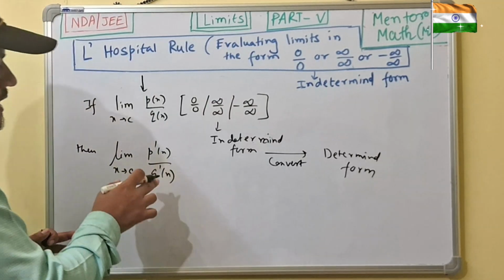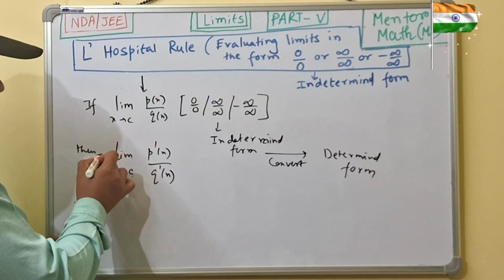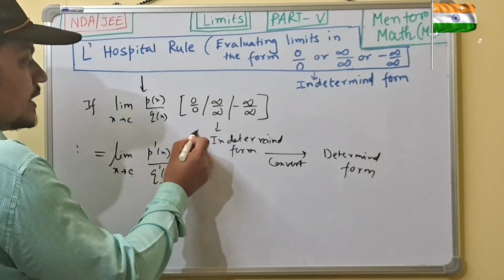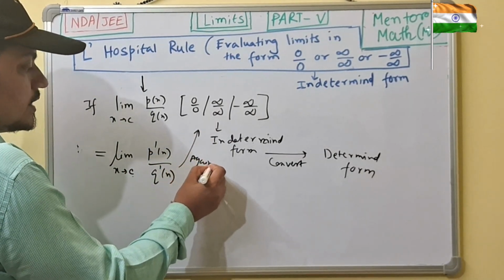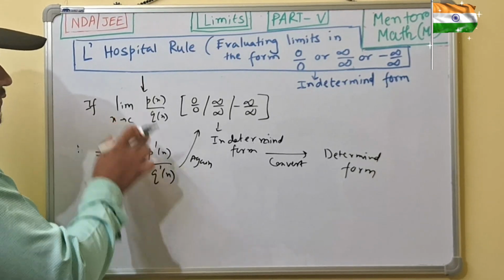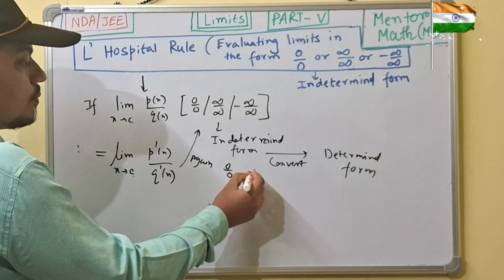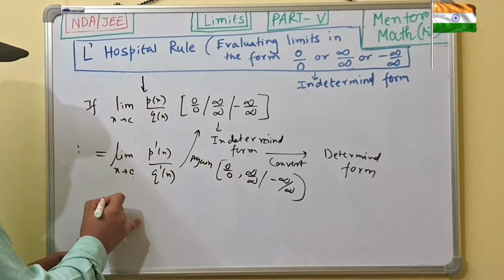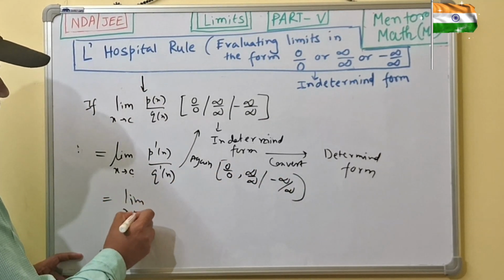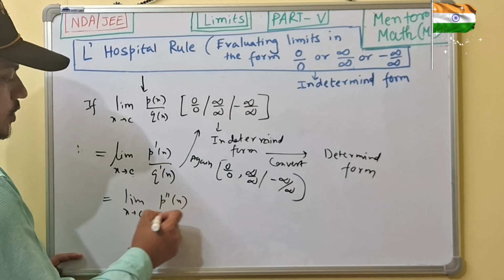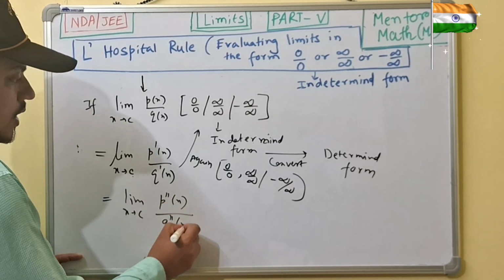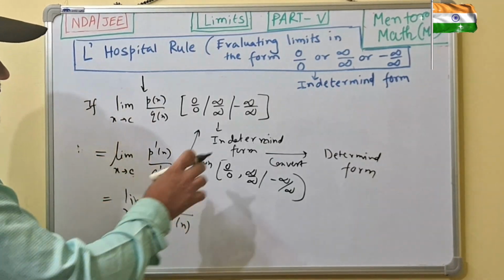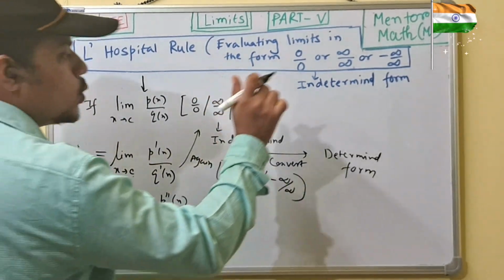Again, if after differentiation you see 0 by 0 form, infinity by infinity form, or minus infinity by infinity form, then you again have to take the derivative of the numerator and denominator, the second derivative. This continues until the indeterminate form converts to a determined form.